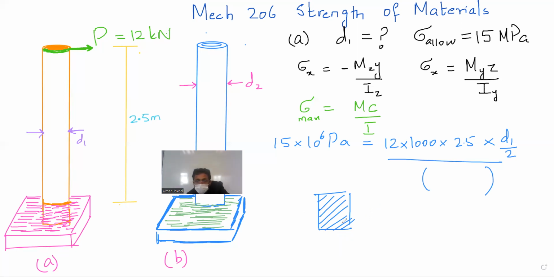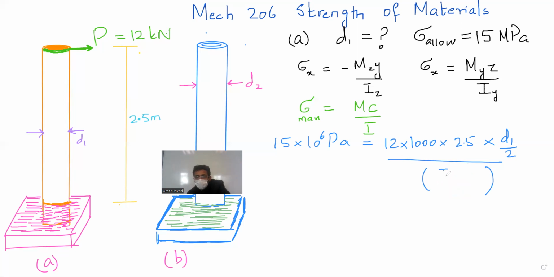So its I value is pi d power 4 by 64. Sorry. Do you want me to write in the form of radius? Because you guys are comfortable in radius. Okay, I will do it again.